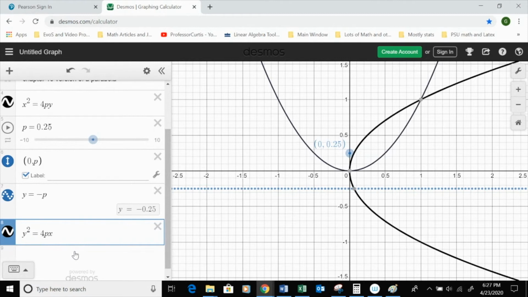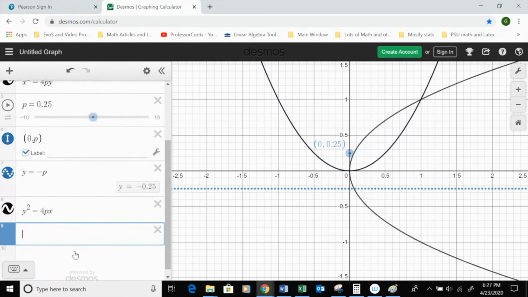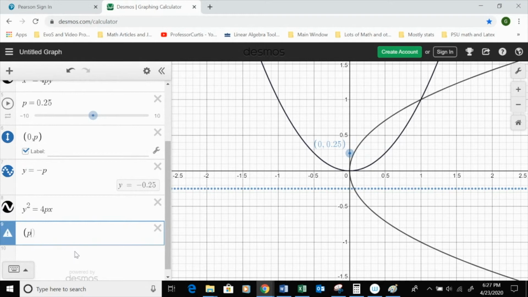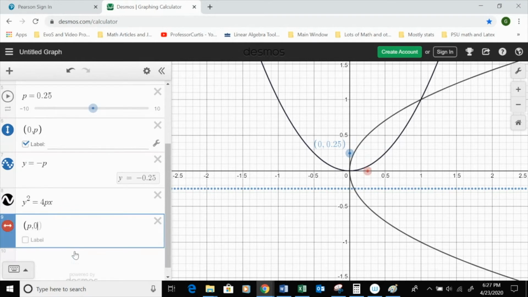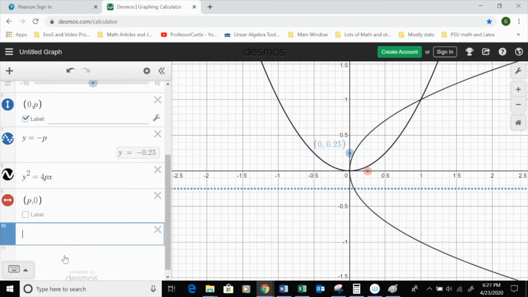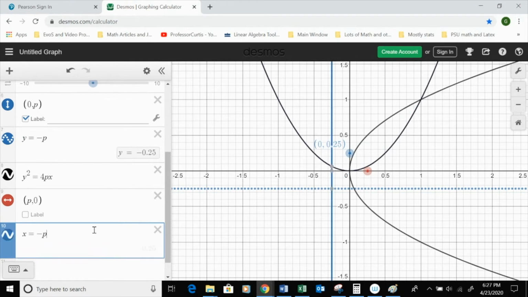And I could put a different focus, and so my different focus, instead of being 0, p, is going to be p, 0. There's the focus. And instead of having the directrix y equals negative p, I'm going to have the directrix x equals negative p.